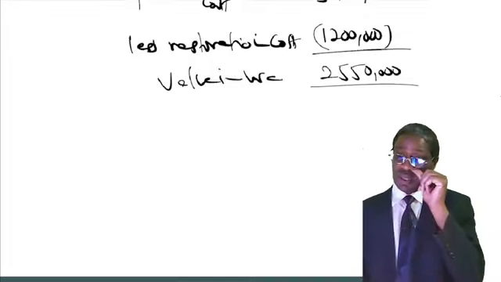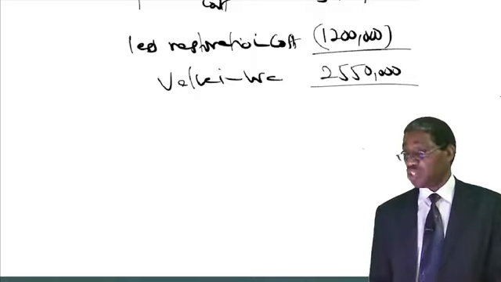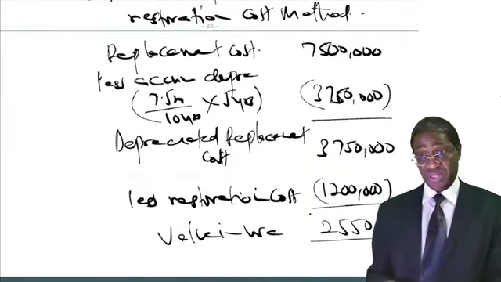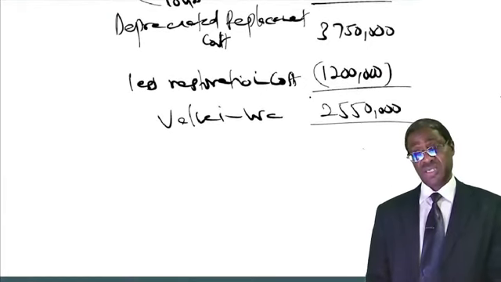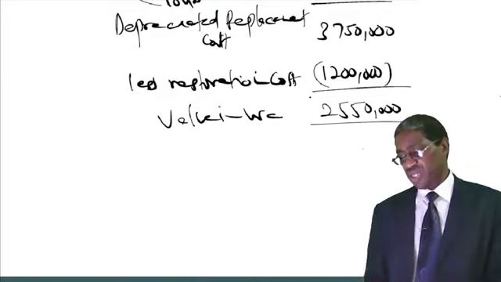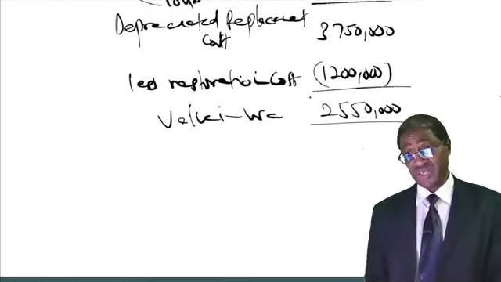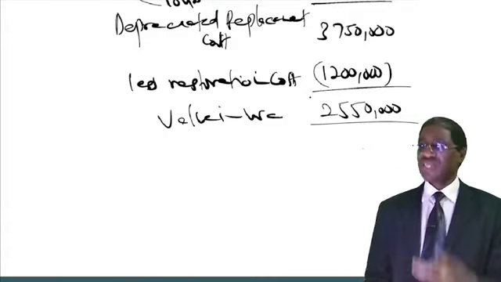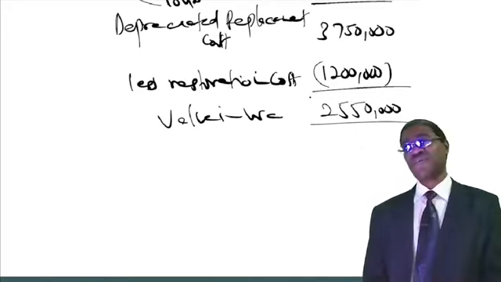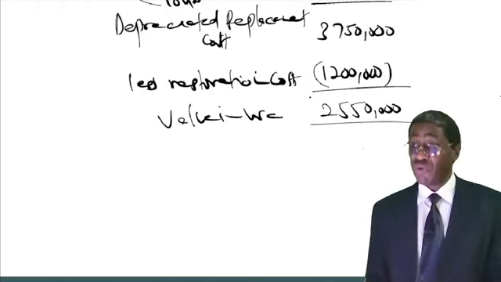Comparing the carrying amount of the asset, shillings 3 million, remember that was the amount, let me confirm, yes, 3 million, with its recoverable service amount, shillings 2,550,000, then the asset has suffered an impairment loss of the following amount.